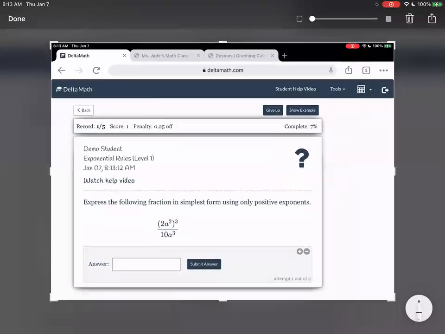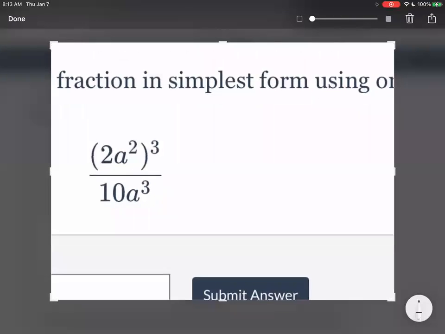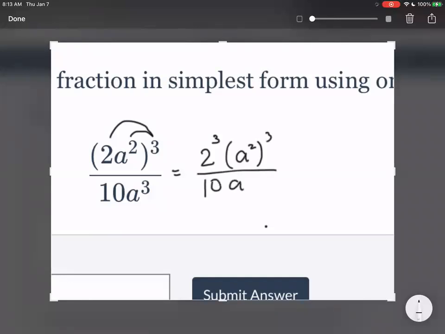We have 2a squared cubed over 10a cubed. So let's start off with the top part, and we're going to distribute that exponent of 3 to everything. So we have 2 cubed times a squared cubed over 10a cubed.